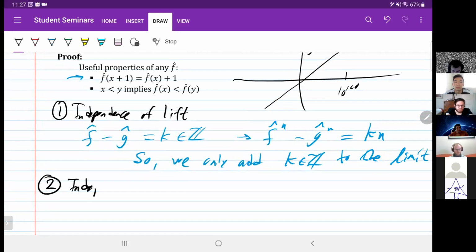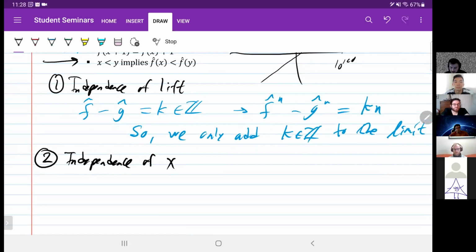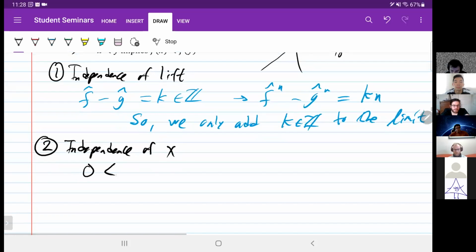So the next part, independence of x. And for here, we're going to use this property that lifts of circle diffeomorphisms, which are orientation preserving, preserve order. So for here, let's pick x such that it's between 0 and 1. Since I can just translate it by an integer, this isn't really an assumption.